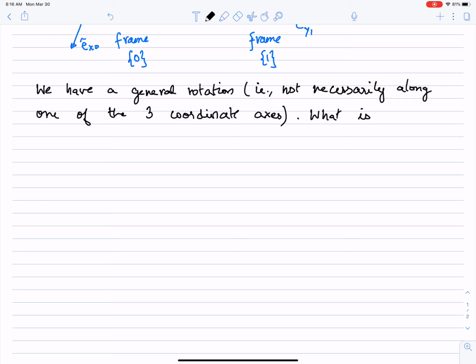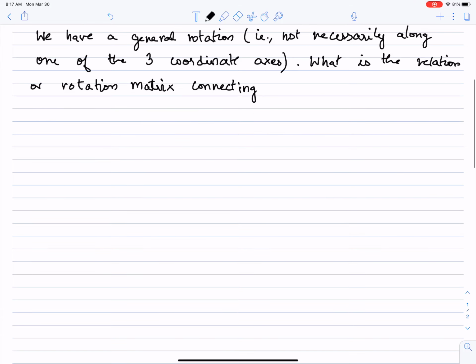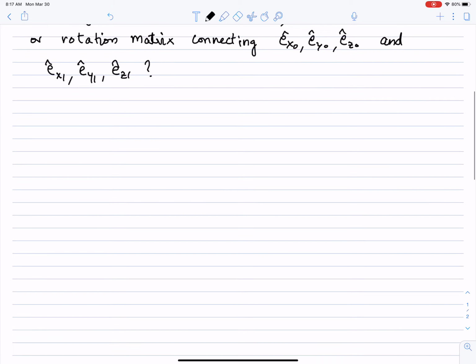What is the relation, or rotation matrix, connecting EX naught, EY naught, EZ naught on the one hand, and EX1, EY1, EZ1 on the other hand? Okay.